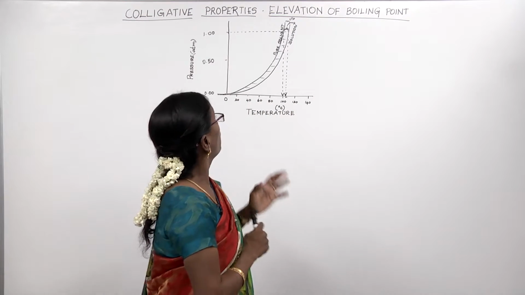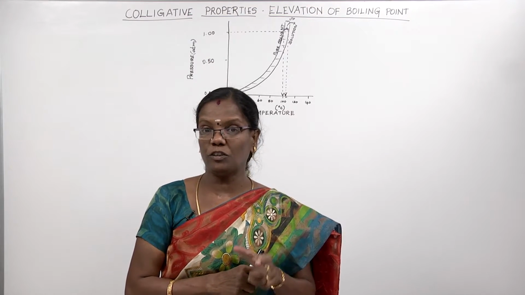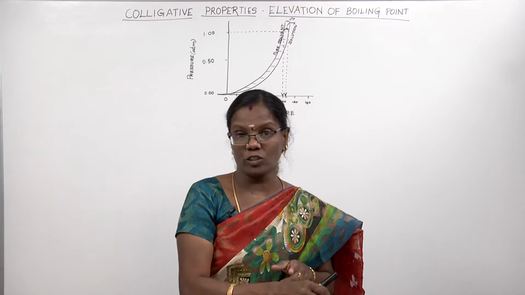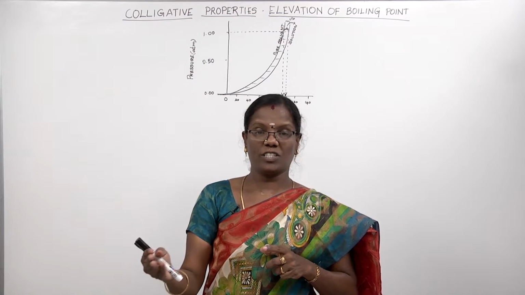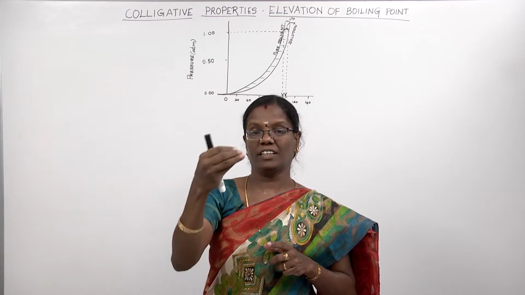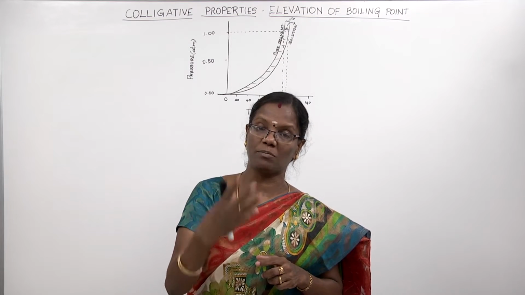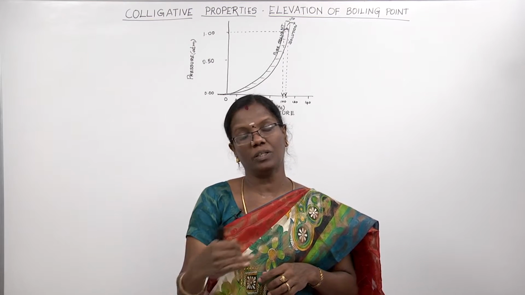Now, in this colligative property, we are going to compare the properties of a pure solvent and those of a solution, that is, by dissolving a non-volatile solute into it, and we will observe what happens to that property. That is what we do in this chapter.